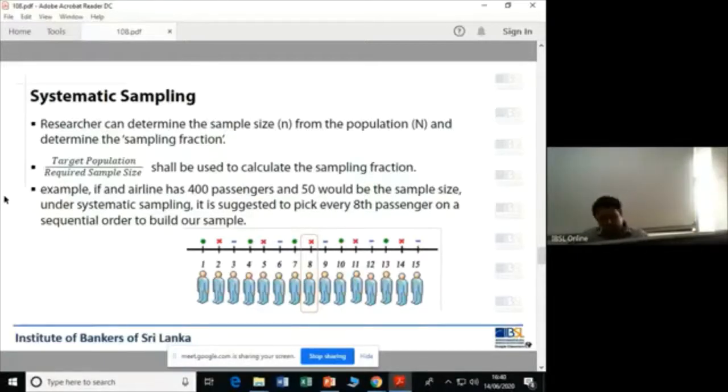So the first person, fourth person, so on and so forth, to be selected for the sample. And then again, I used another random technique. I gave an empty piece of paper to the students and asked them to write their mathematics score for their ordinary level examination in whichever place they like.